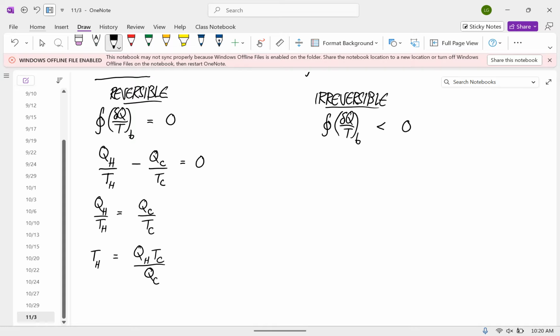And so for the irreversible, it works the same. You have QH divided by, I'm calling this one TH prime, minus QC over TC. This time it has to be less than 0.